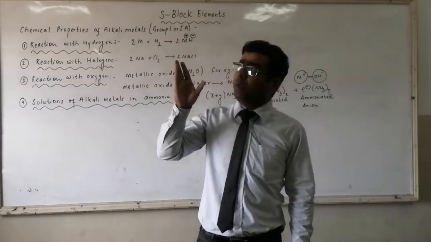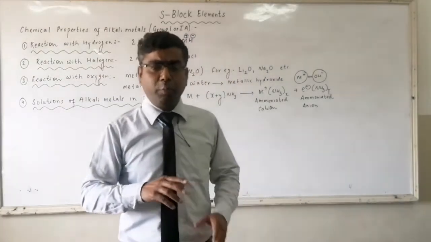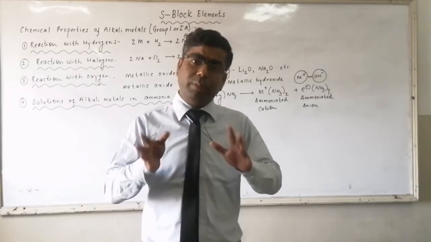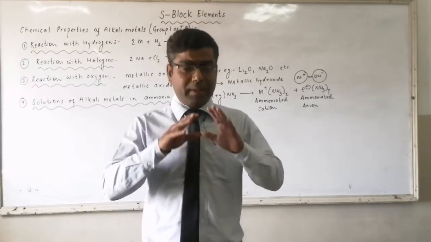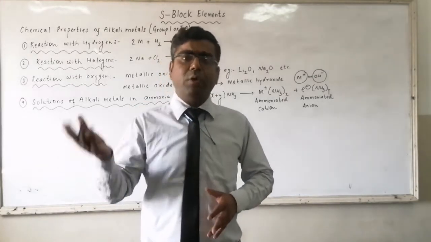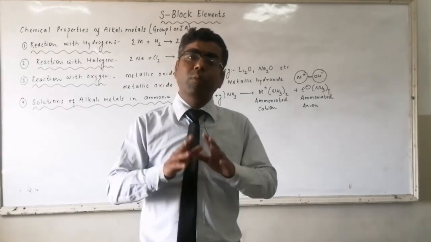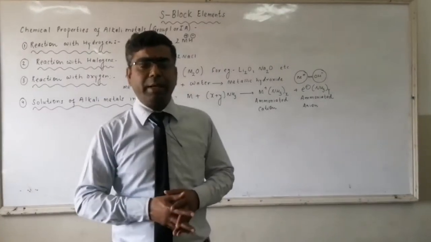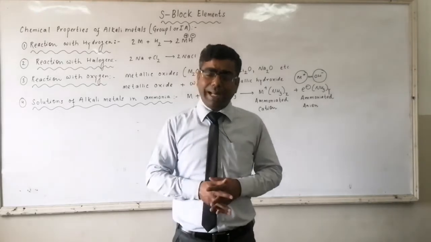Rubidium hydroxide is more basic than potassium hydroxide, and cesium hydroxide is more basic than rubidium hydroxide. We will not talk about francium hydroxide because francium is a radioactive element.